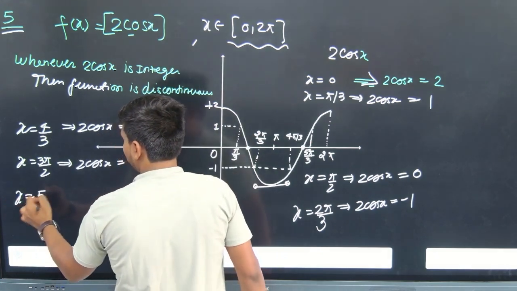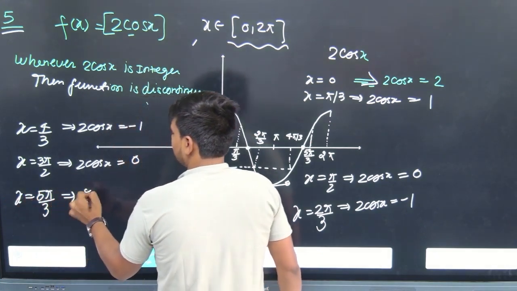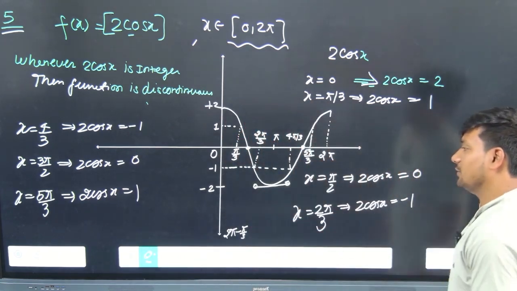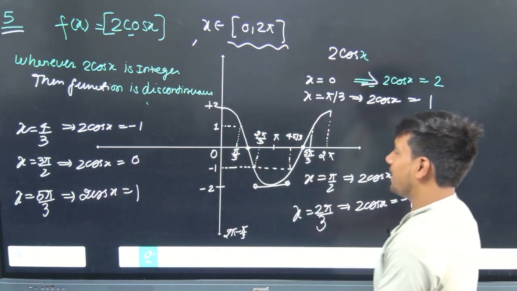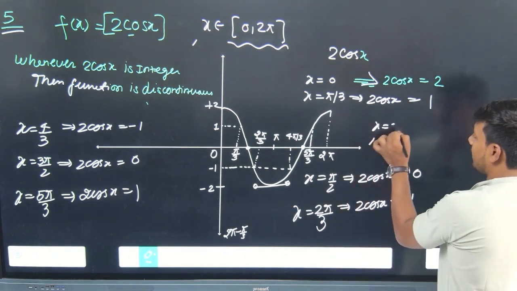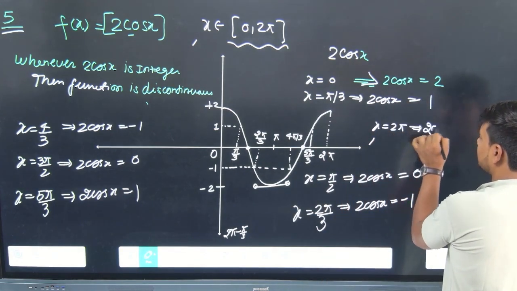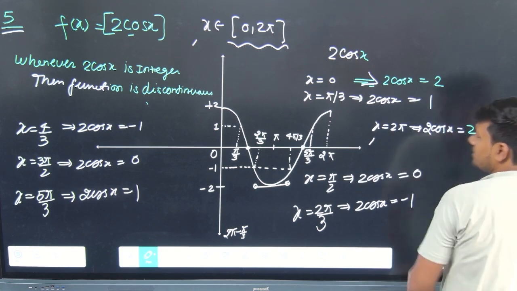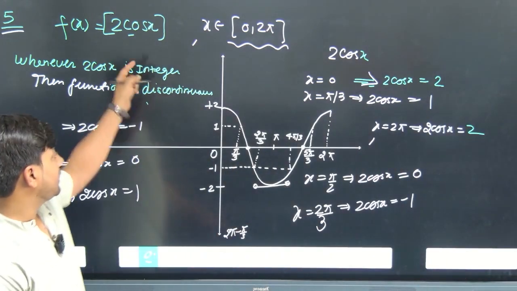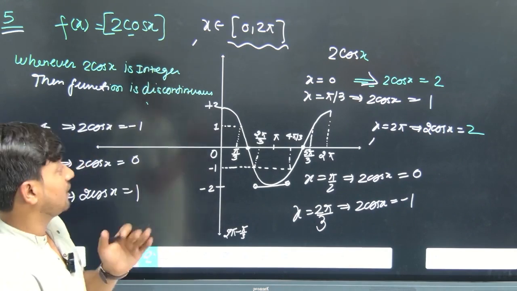At x equals 5 pi by 3, this will give 2 cos x equals 1. Hence discontinuous at x equals 5 pi by 3. And finally we will see 2 pi. At x equals 2 pi, 2 cos x will be 2, that is an integer. So at all these points, this function 2 cos x will give an integer value, hence discontinuous.